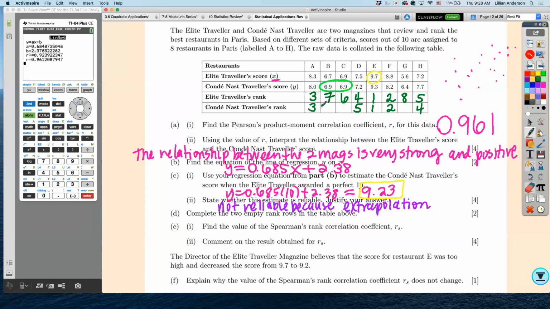So it's going to be 6.5 for both of them. Whenever ranks are shared, you take the average between the 2 ranks that they would have taken.